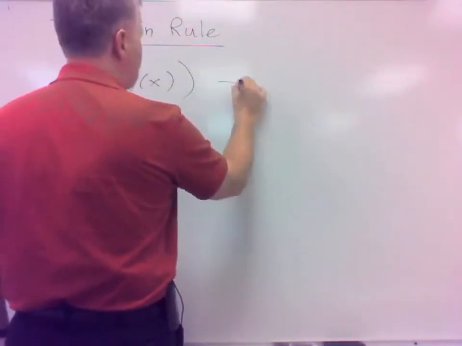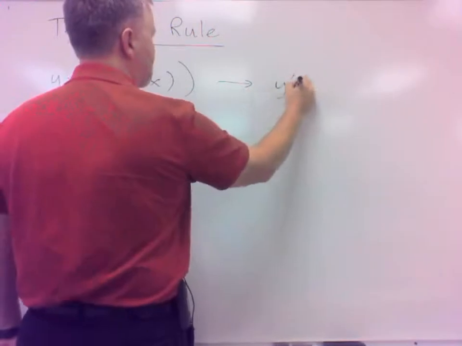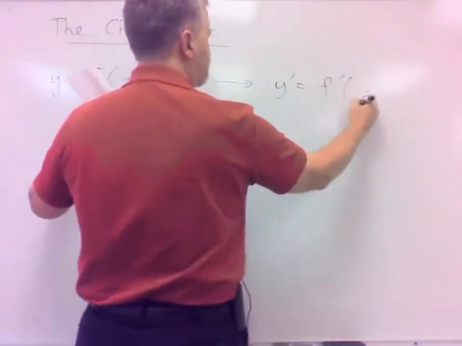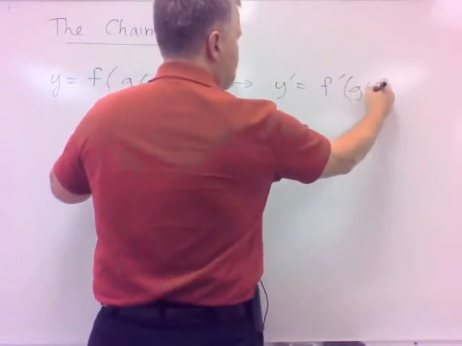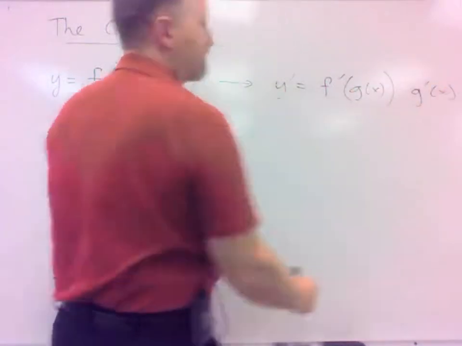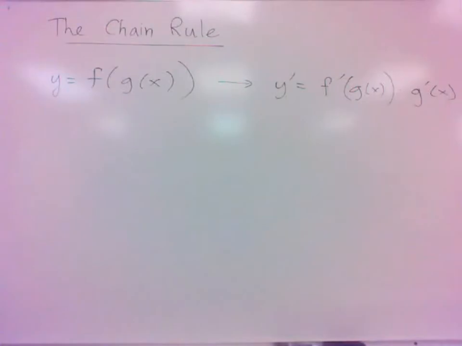So by the chain rule, the derivative of this would be the derivative of the outside, the inside the same, and then times the derivative of the inside, all right? That was our chain rule.